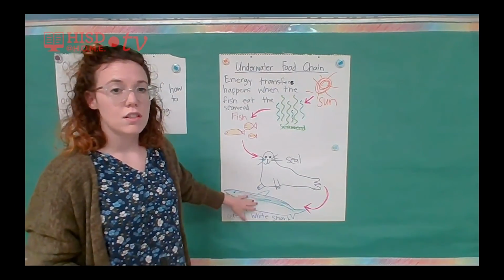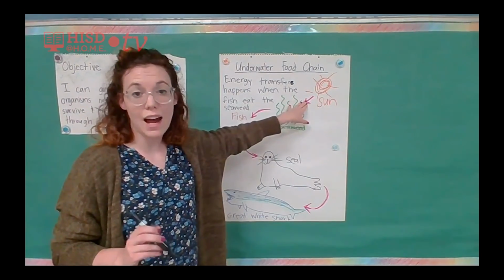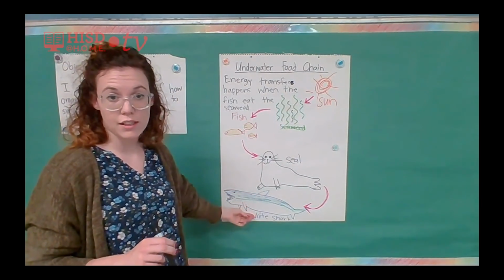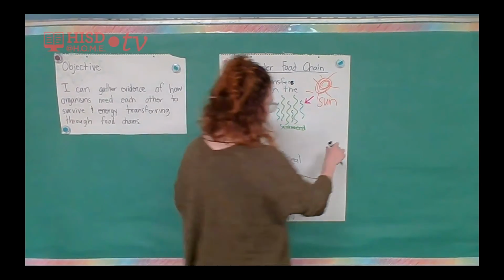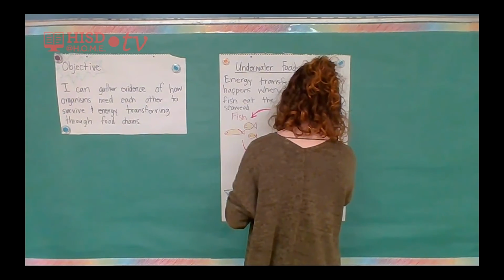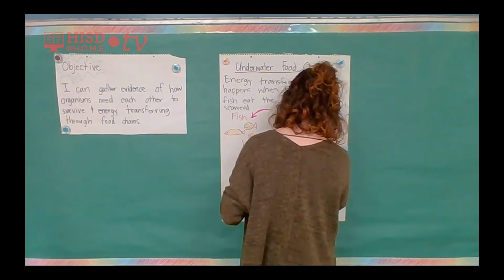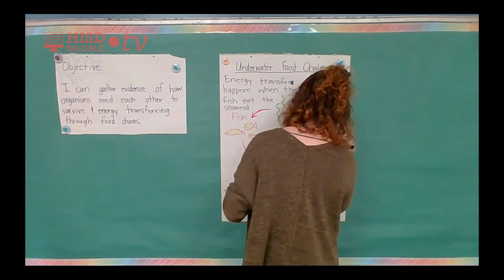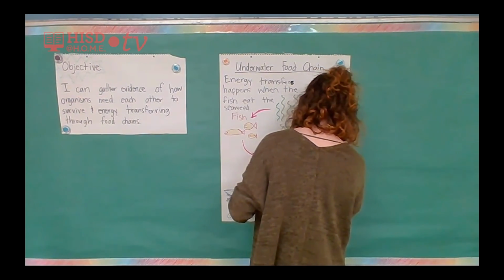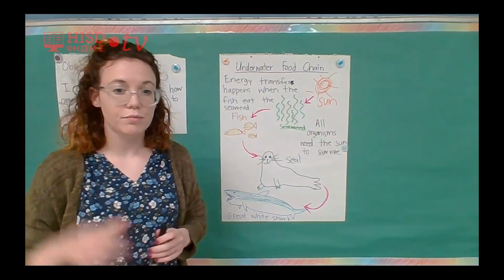And even though the shark doesn't create energy from the sun, the shark needs the sun to survive because it creates this whole long chain in order for the shark to eat something. As all organisms need the sun to survive.